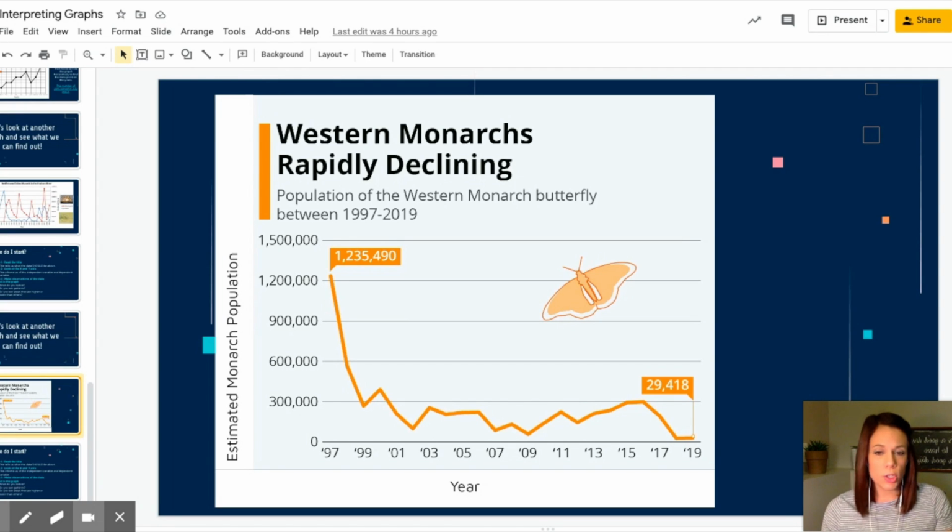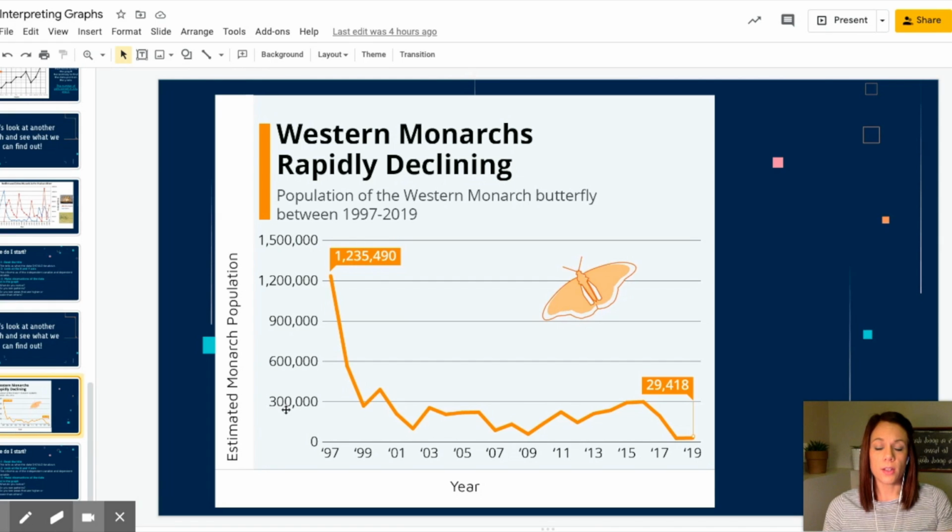A question that you might get asked with this graph is, what was the population of monarchs in 2015? You find 2015 and you go up and over, which is 300,000. Another question, according to this graph, could be, in what years was the population of monarchs 300,000?